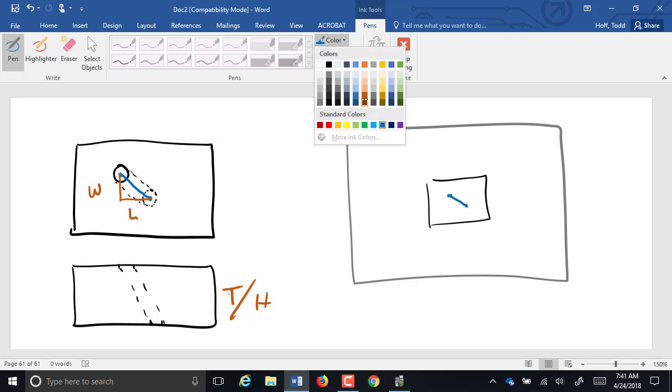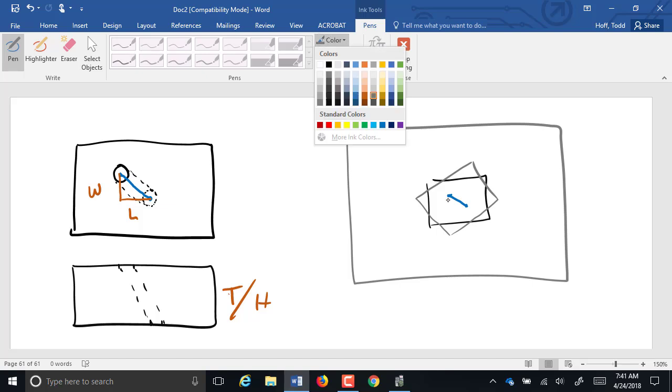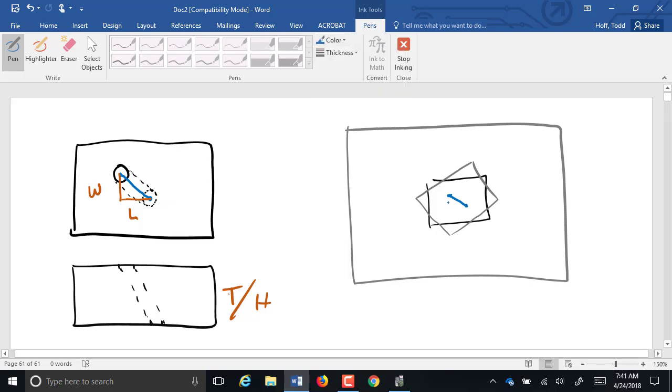We need to rotate this whole block so that blue axis shifts so it's now lined up perfectly side to side. So it's parallel with the sides of that table. So that angle that it needs to rotate is just going to be this angle right there.